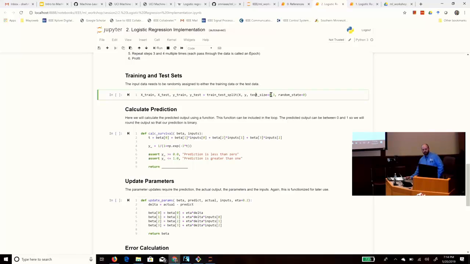The test data will be 30% of the number of samples we have. Training data will be the rest. It randomizes the order so that you don't have any sort of confounding factors with the sequence that the data was generated in the list. And then it spits it out to 4 variables that we'll use for training and testing our data. So run that cell.